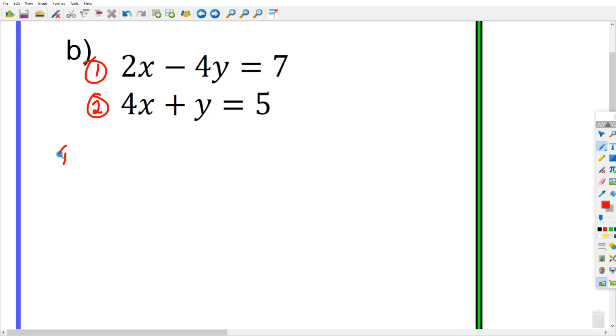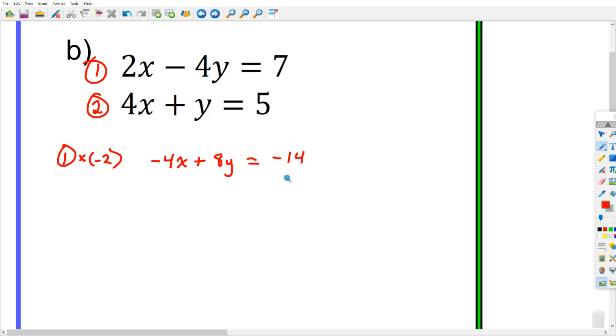So if I do equation 1 times minus 2, I would get negative 4x. If I'm multiplying it by a negative, this is going to turn to be positive, and that would be doubled again, so it's 8y. And then we have to do it to the other side as well, so 7 times minus 2 is going to get me minus 14.